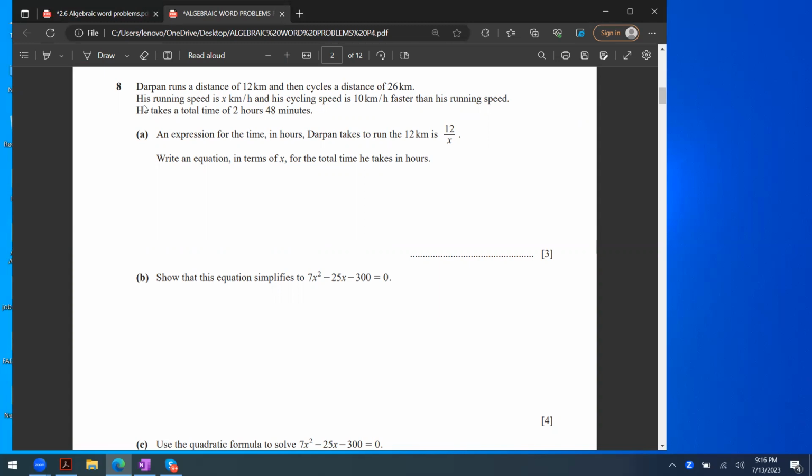Okay, he runs a distance of 12 kilometers, then cycles a distance of 6 kilometers. His running speed is x, and cycling speed is 10 kilometers per hour faster than running speed. He takes a total time of this. An expression for the time in hours that one takes to run 12 kilometers is 12 over x.